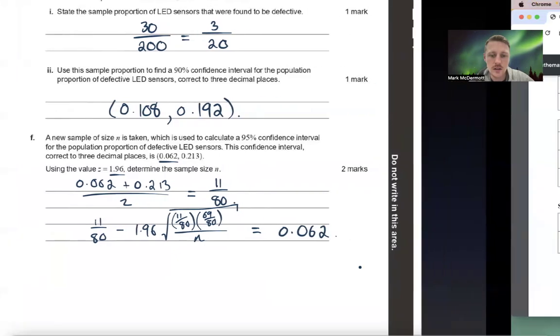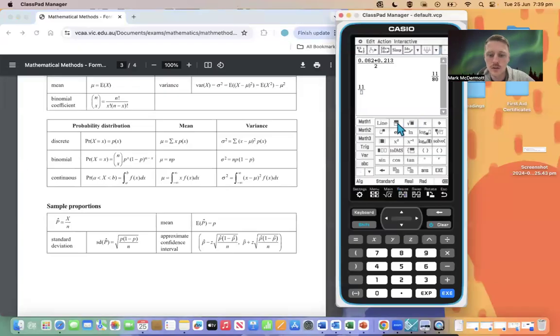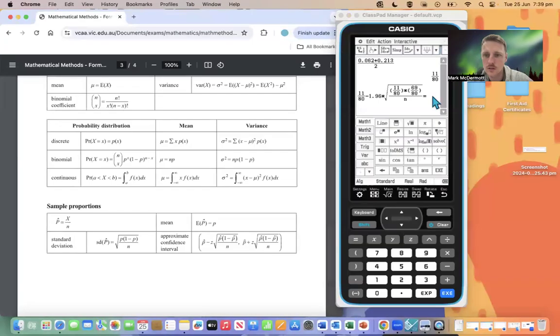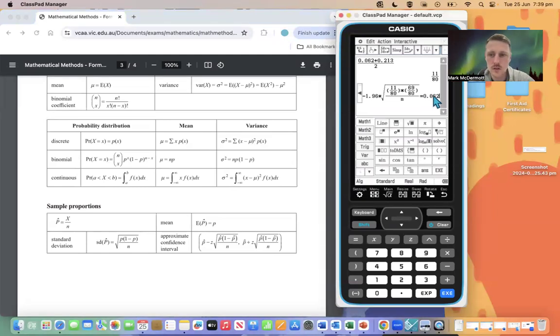So if we solve that on a CAS, we go 11 on 80 minus 1.96 multiplied by the square root of 11 on 80 multiplied by 69 on 80 divided by n. And we need to let that all equal 0.062. Could have done the plus version as well, but let's just do this one.